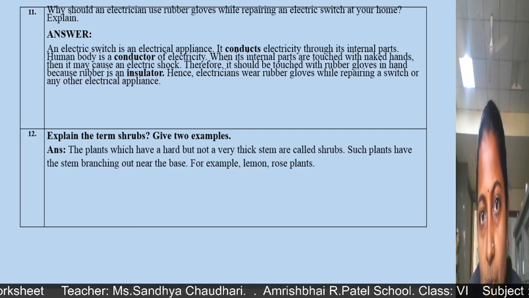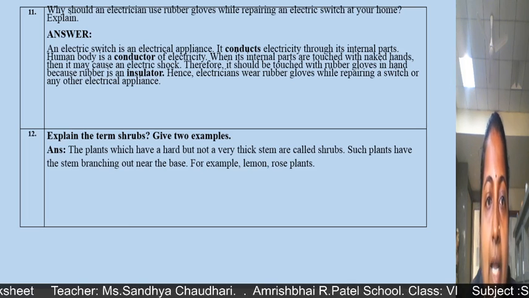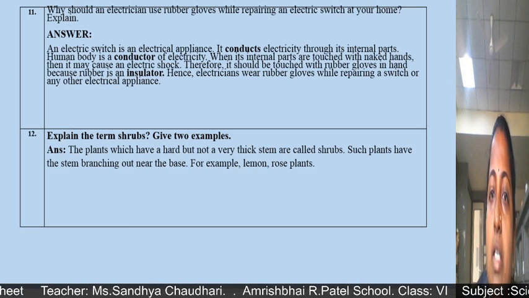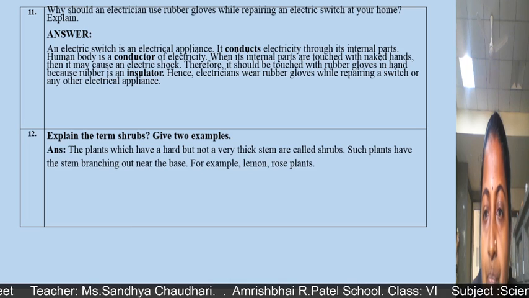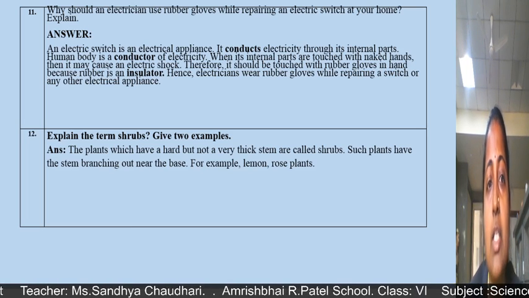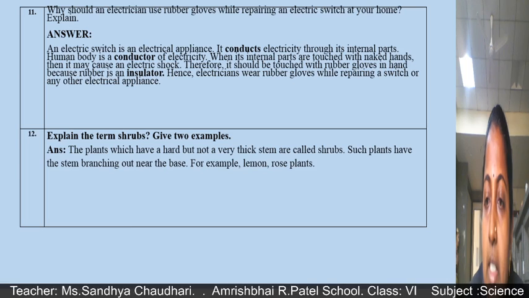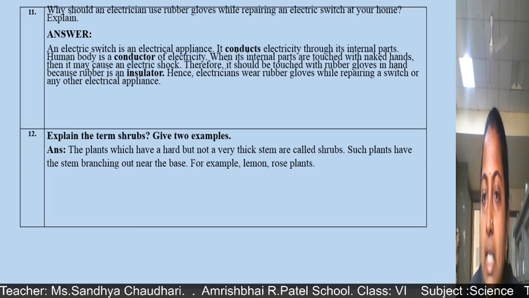The human body is a conductor of electricity, and when its internal parts are touched with bare hands, it may cause an electric shock. Therefore it should be touched with rubber gloves, because rubber is an insulator. Hence an electrician wears rubber gloves while repairing a switch. So all points should be covered in that: what is a conductor, what is an insulator, and what happens with conductors and insulators.